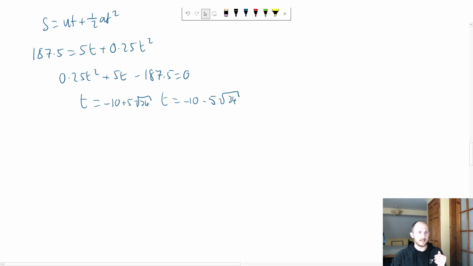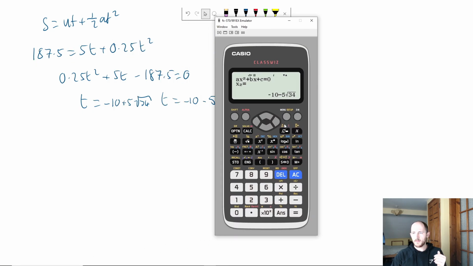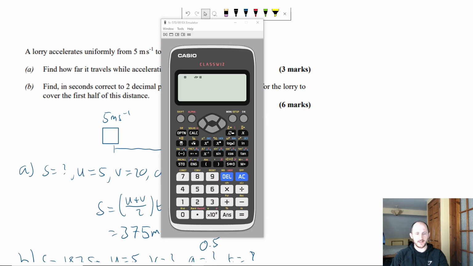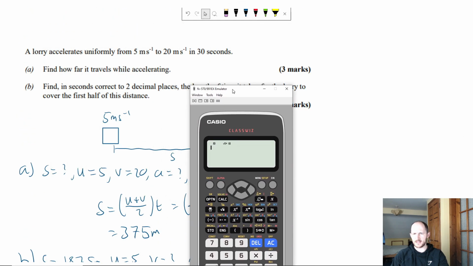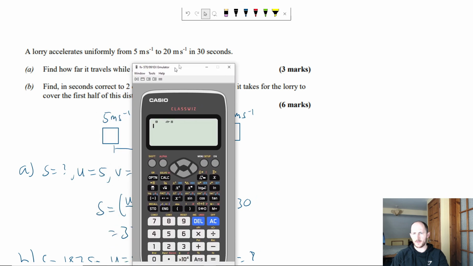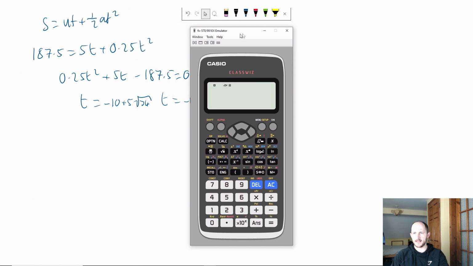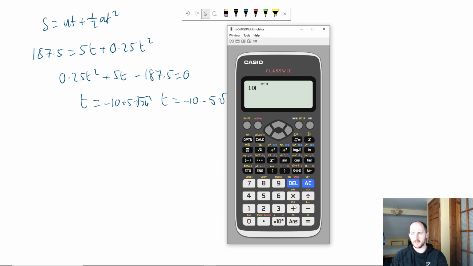So that is a bit lazy of me though. So let's go back to the normal mode. Let's actually work out what it is. It says to 2 decimal places. So let's quickly sub that in and see what we get. So negative 10 plus 5 root 34. That is correct, and it should be negative 10.